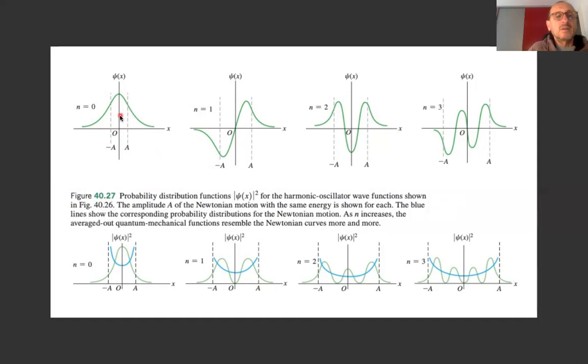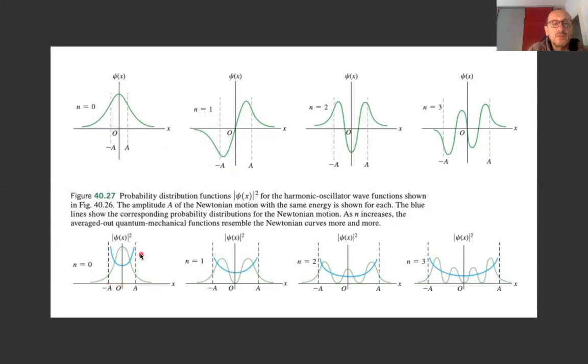Then the first excited state is like the full wave sine, so both sides. Then I have 3 things, then I have 4 things, and so on. And these are the φ's, and these are the corresponding φ squares.